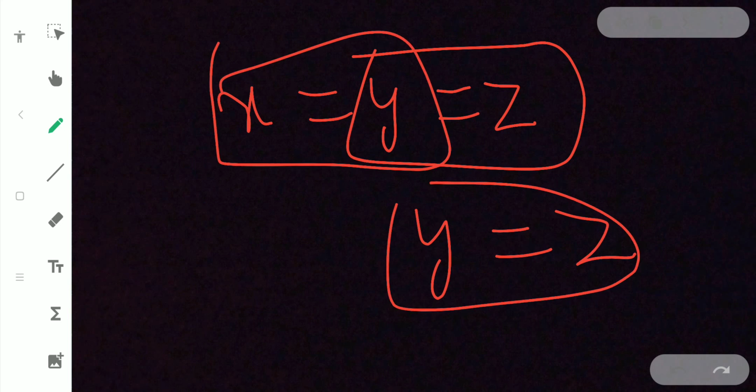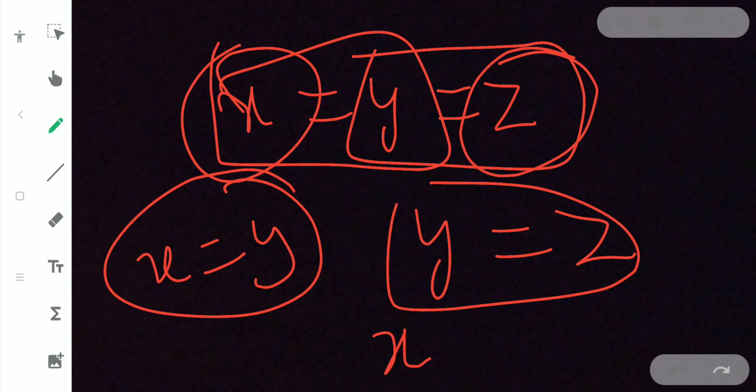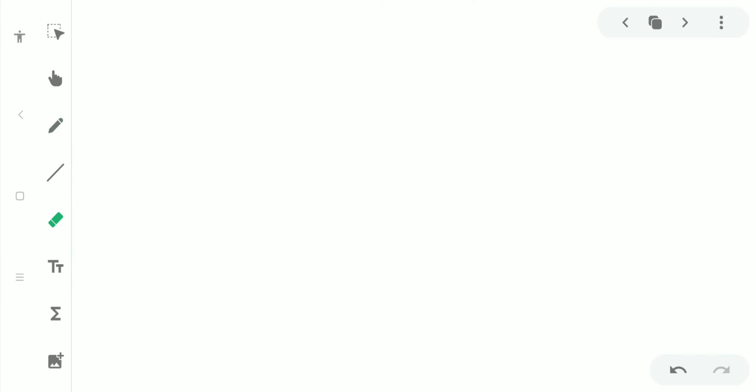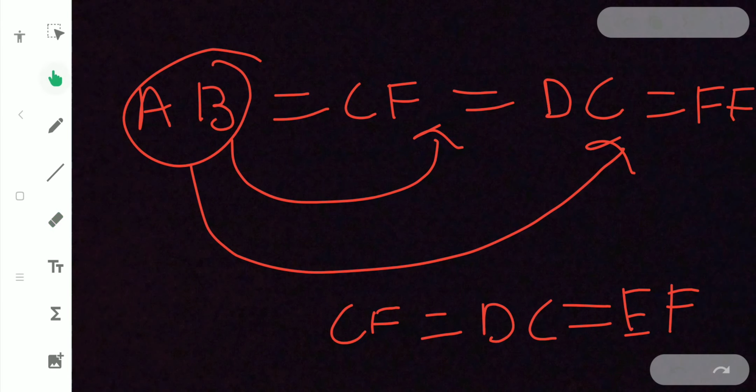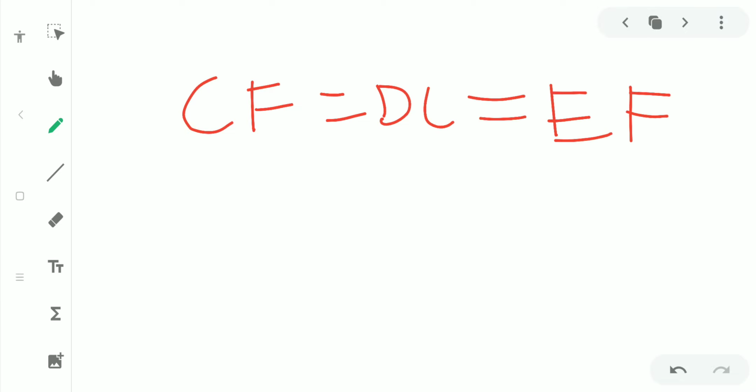I can only take X is equal to Y from this equation. I can also take X is equal to Z from this equation. So that's what I have done here. I will have CF is equal to DC which is equal to EF.